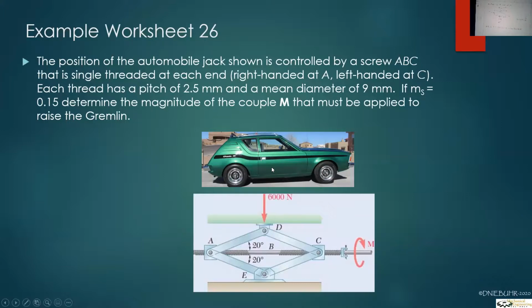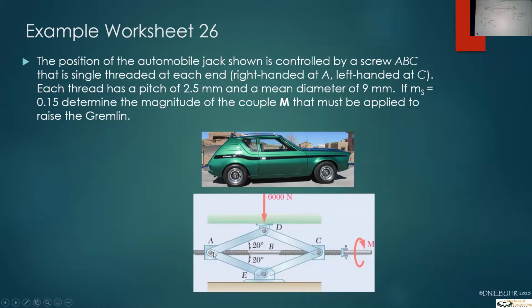So here we have an example where we're trying to raise a car, and we have our thread. We have our threads, our moment over here. This is a typical scissor jack that you'll see in a car.